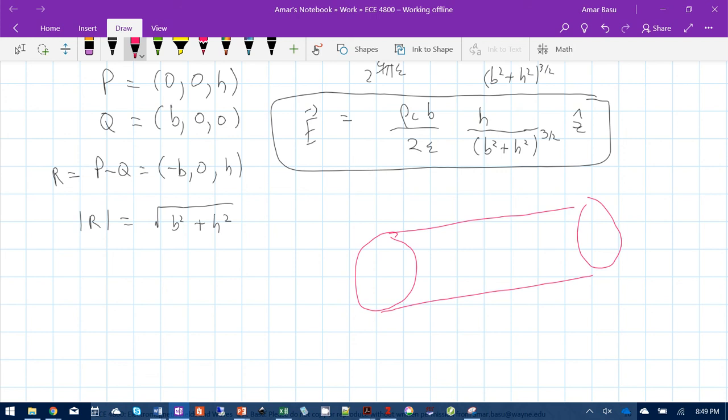So let's say you have this tube, right? And this tube has rho s. It has a charge density associated with it. The question is, what's going to be the electric field right in the middle of that tube? The center. Like in the center here, right in the middle.